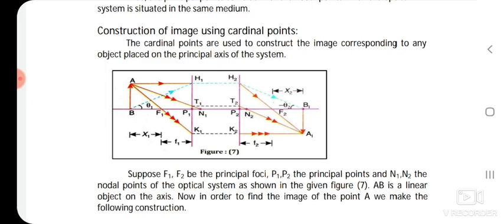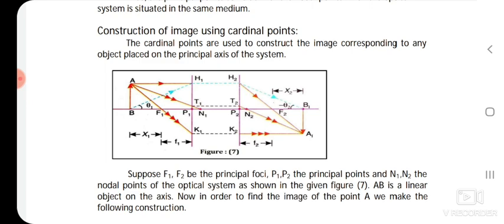So consider this diagram, from which it is seen that triangle ABF1 and triangle F1 K1 P1 are similar.